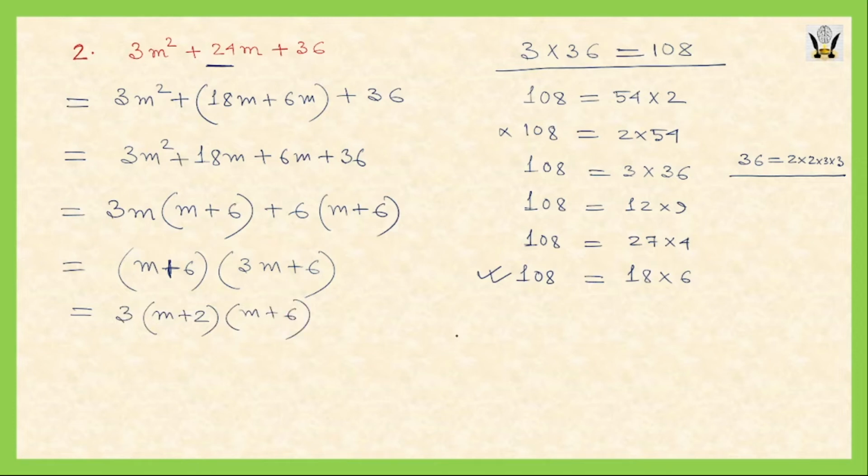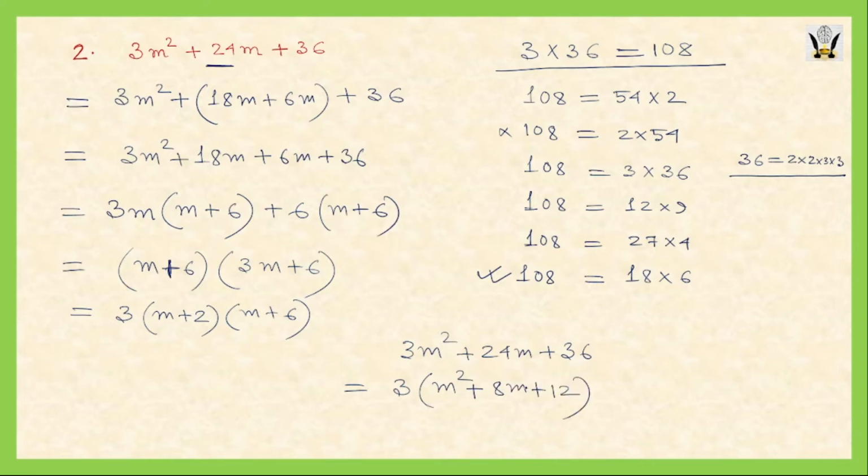Now in the beginning the expression was 3m square plus 24m plus 36. So here if we analyze the coefficients of these three terms, we can find that 3 is the common factor. So if we take 3 as the common factor, then what remains as the algebraic expression within the bracket is m square, then 3 8s are 24, so 8m, and then 12.